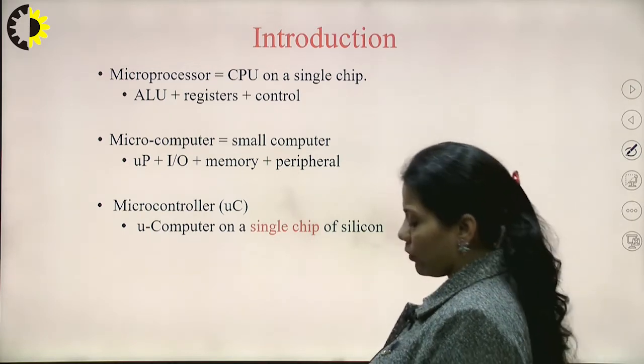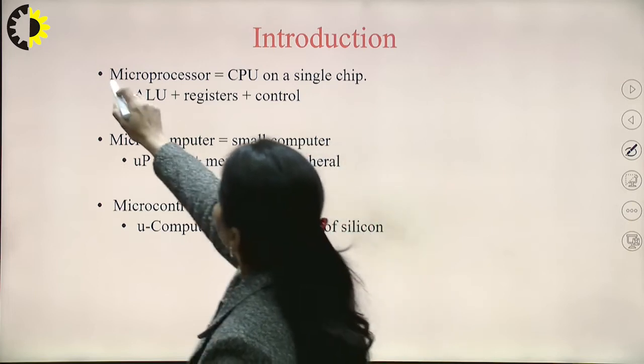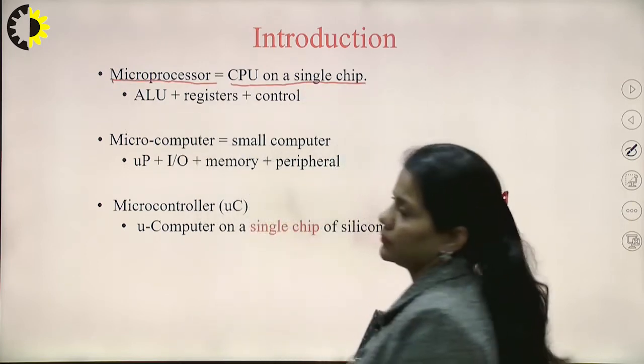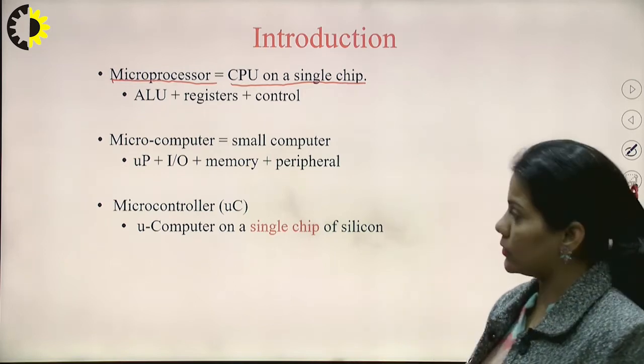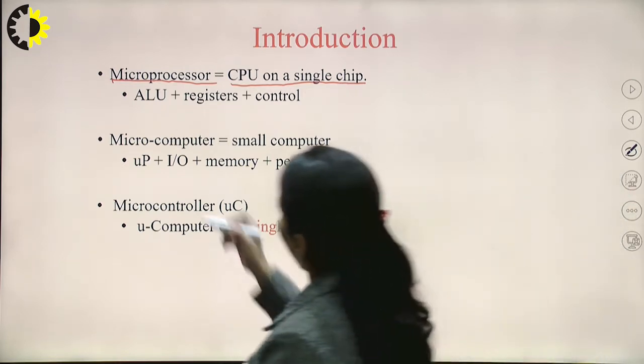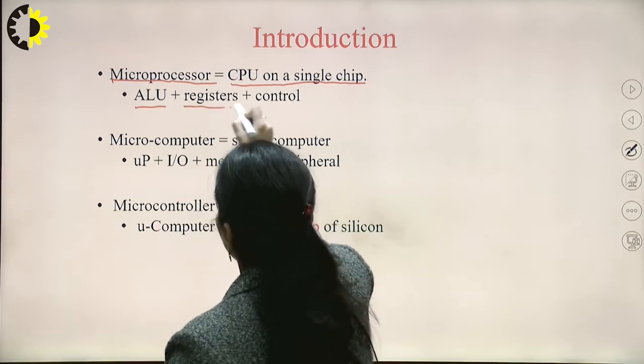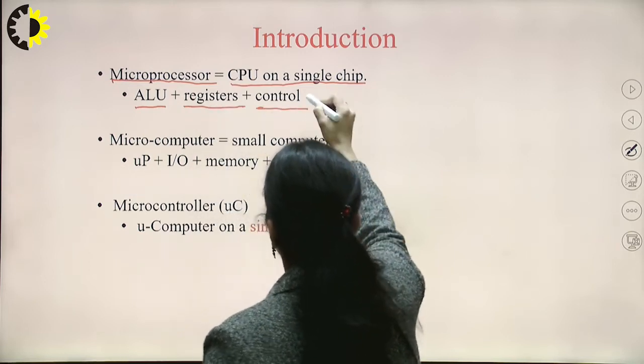As we have already studied, a microprocessor is the CPU on a single chip, or we can say a processor on a single chip, and it consists of arithmetic and logic unit, registers and control unit.